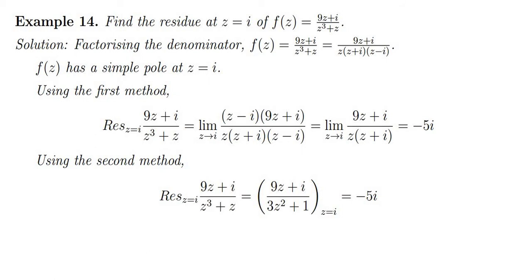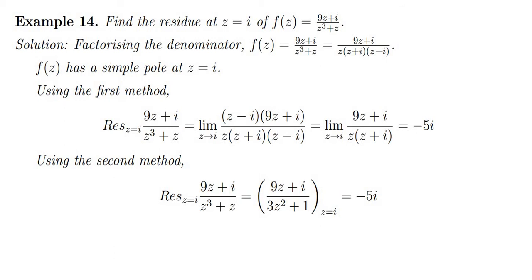Example, find the residue at z = i of f(z) = (9z + i) divided by (z³ + z). If we factorize the denominator, f(z) is (9z + i) divided by z(z + i)(z − i). f has a simple pole at z = i.